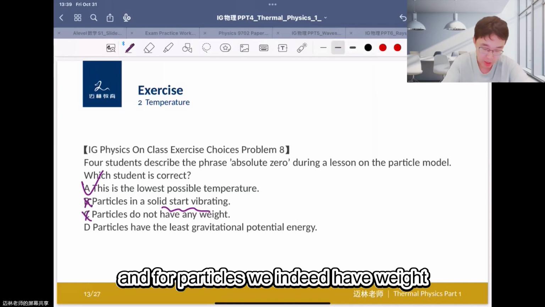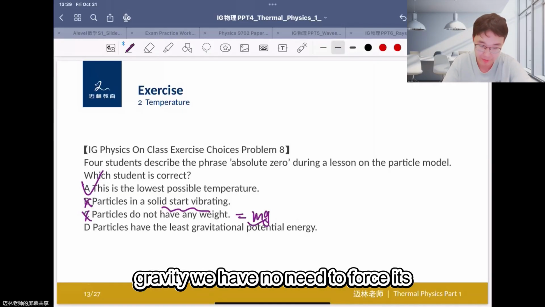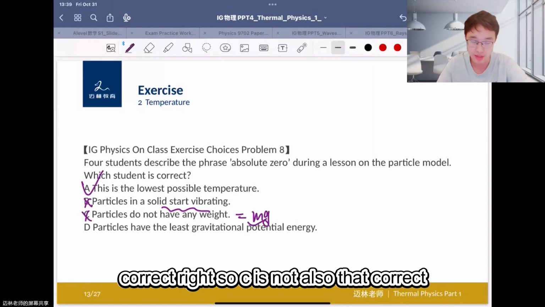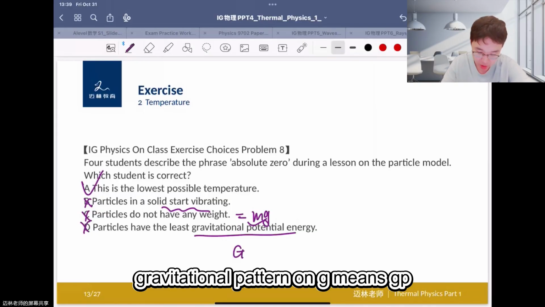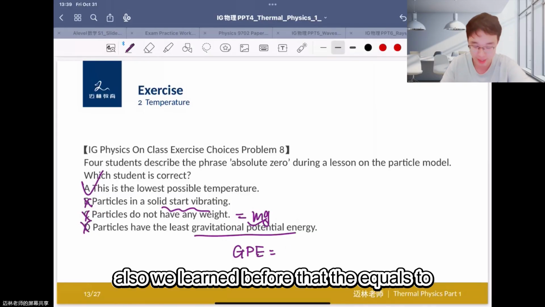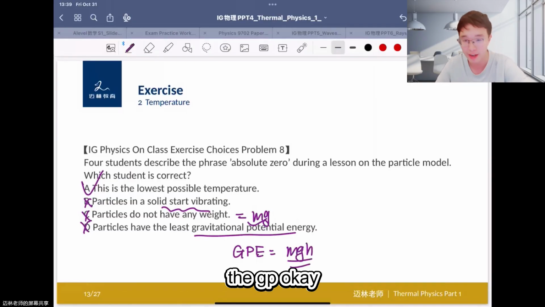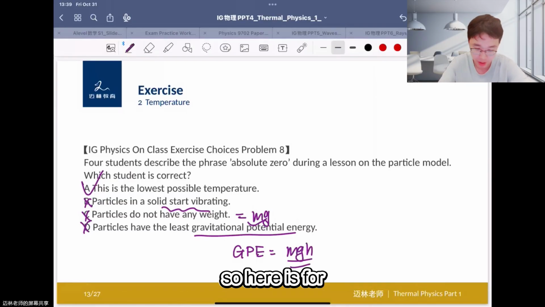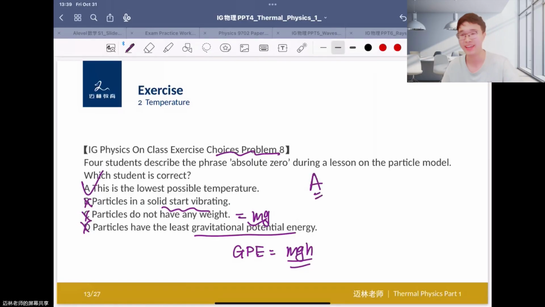And for particles, we indeed have weight, because weight equals mass times gravity. We have the forces part, so C is also not correct. And for D, gravitational potential energy means GPE. We learned before that it equals mass times gravity times height. This is for the GPE. So for problem 8, we can only choose A.